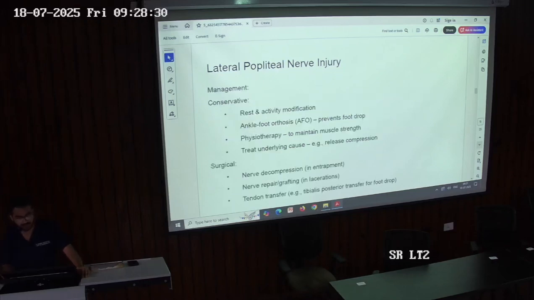Now the management. If there is injury, we will have to manage it. So first, it can be conservative, where you can ask the patient to rest. Then ankle foot orthosis. It prevents foot drop. Have you seen patients with below knee slabs, plasters, whenever they have a fracture of the lower limb?